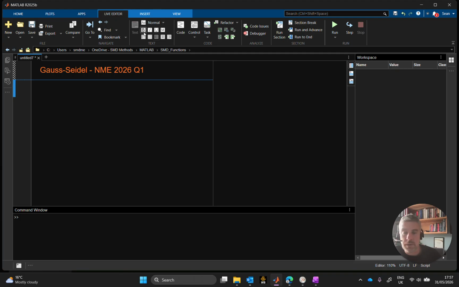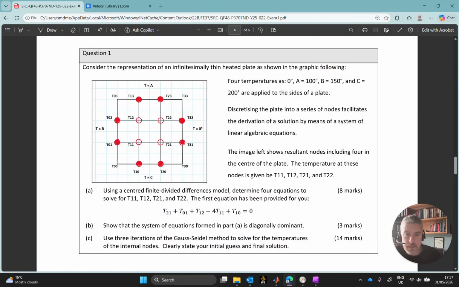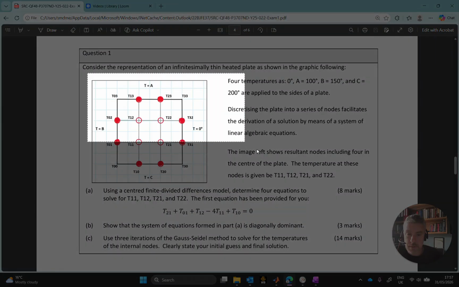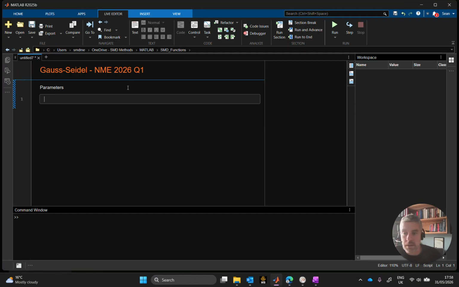Let's put a section break and let's go for parameters, which will really be our boundary conditions. Let me just hold this like this.